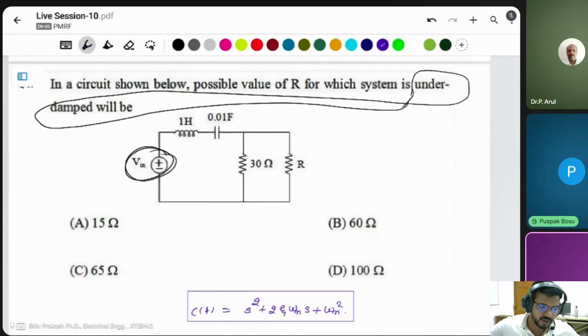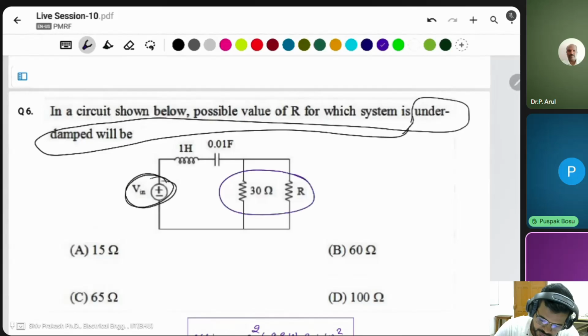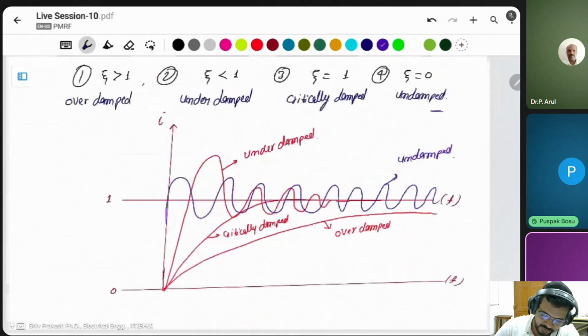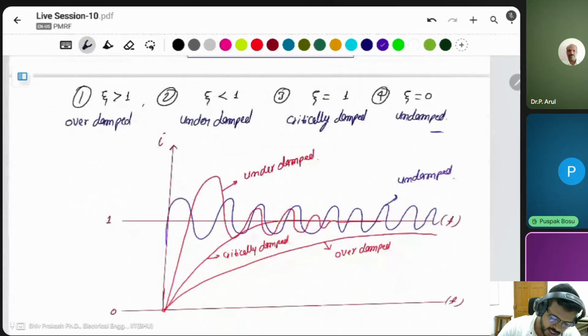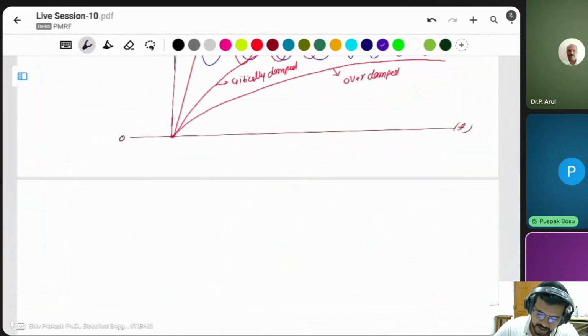Here there is a resistor, inductor and capacitor. In any system, if three elements are there, some damping factor occurs.